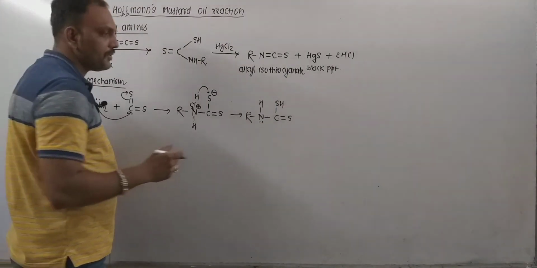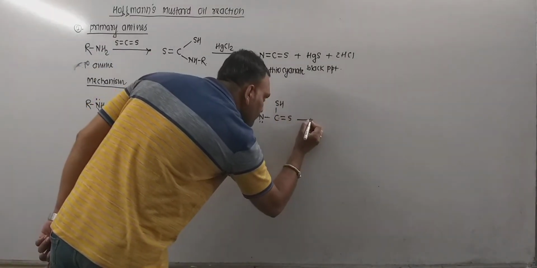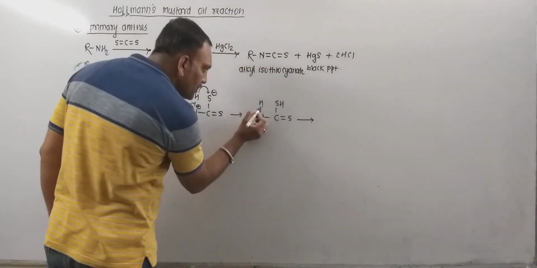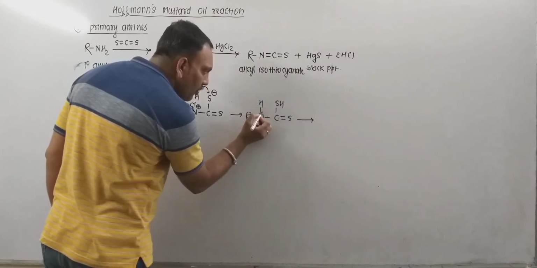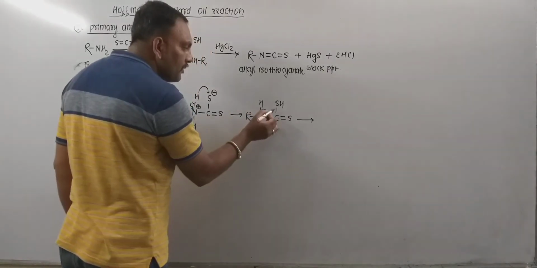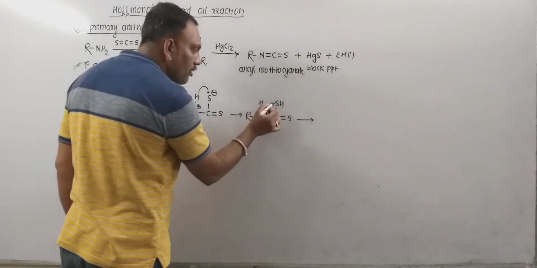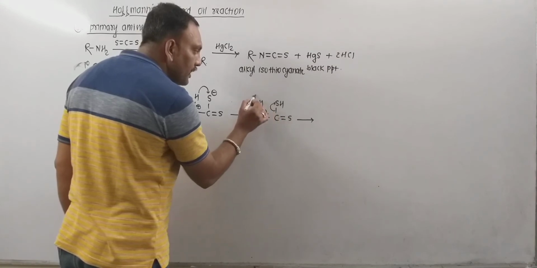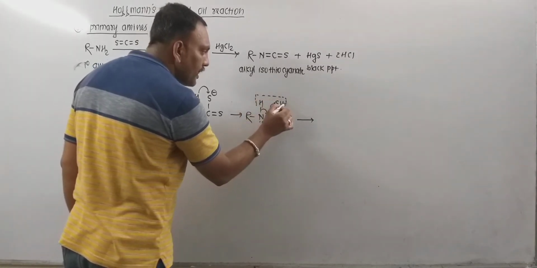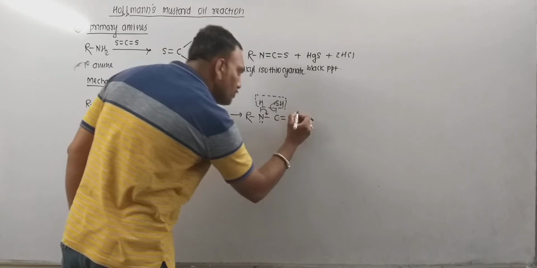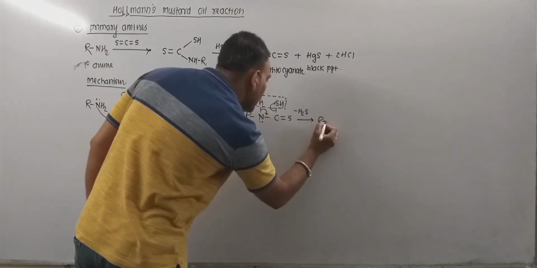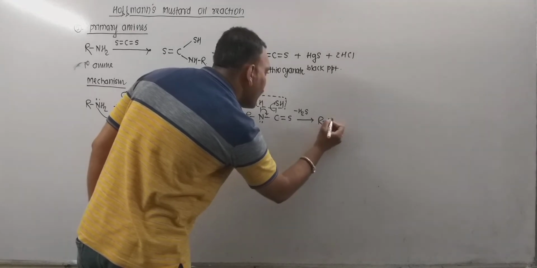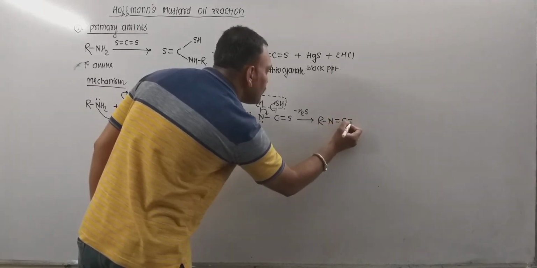Now look what happens. Right here, this electron pair of the NH bond is attracted by nitrogen and gets shared like this, and sulfur attracts this electron pair towards itself, and thereby departure of H2S, that is hydrogen sulfide, takes place, and that leads to the formation of RNCS.